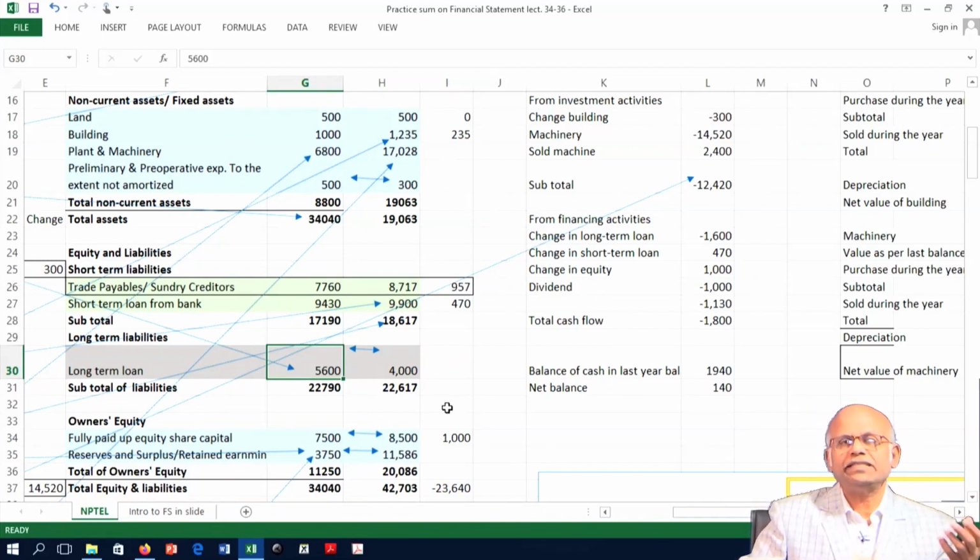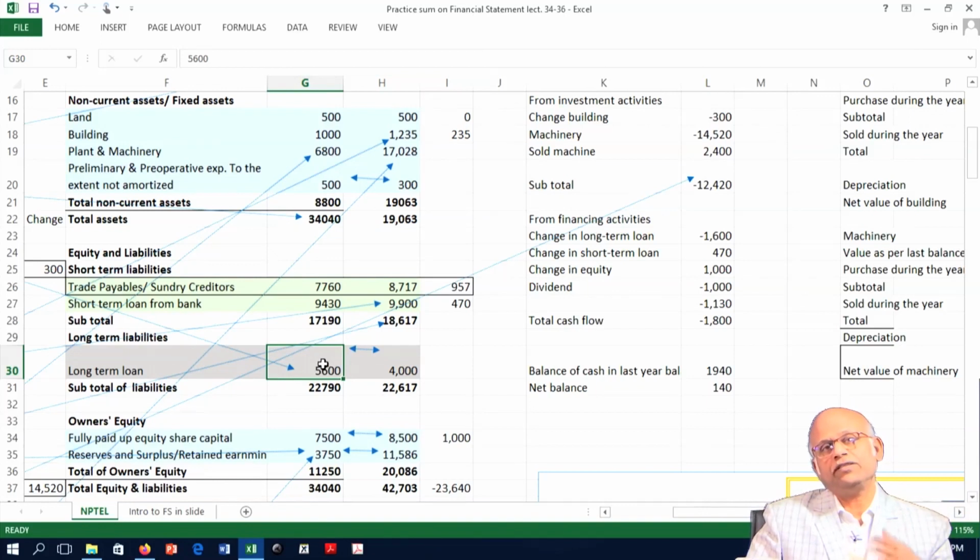So, you have raised some loan that was existing. At the opening of the year you have, say, 5,600 rupees worth of loan, that was the closing balance of the previous year. So, that is the opening balance this year. Now, suppose you have repaid, say, 1,000 rupees.